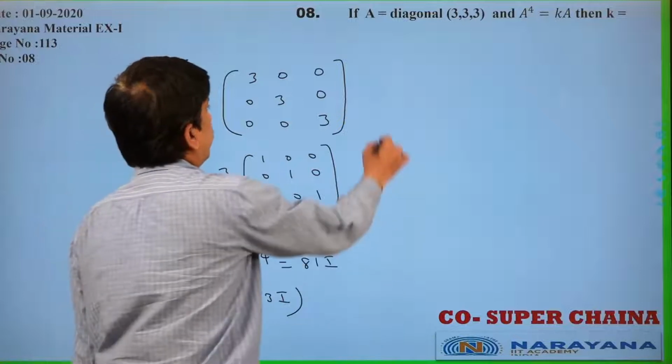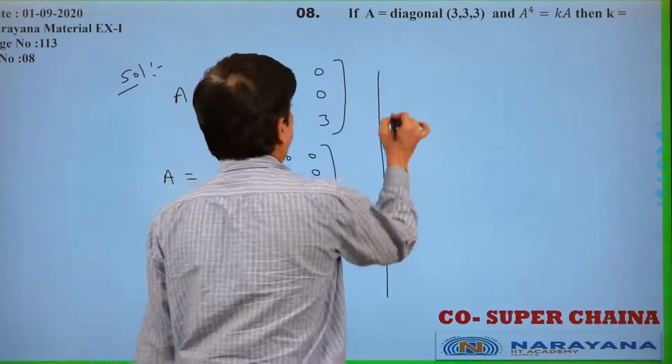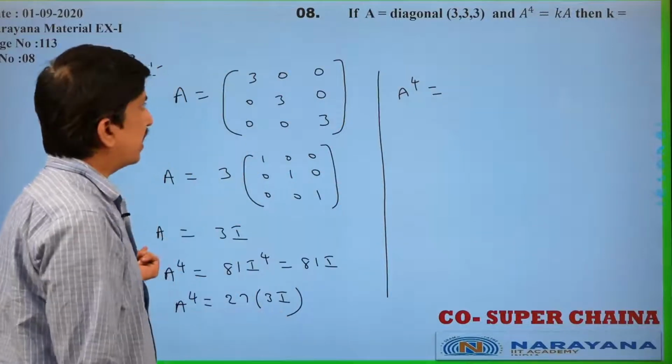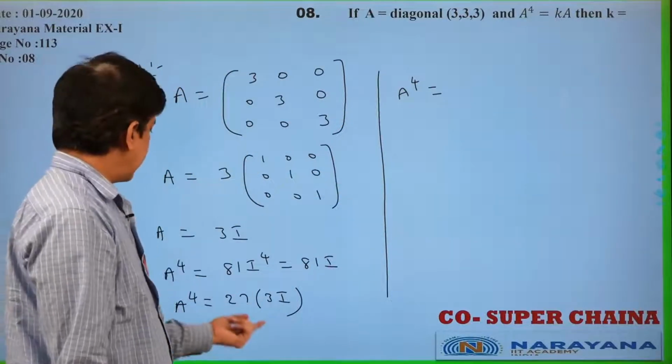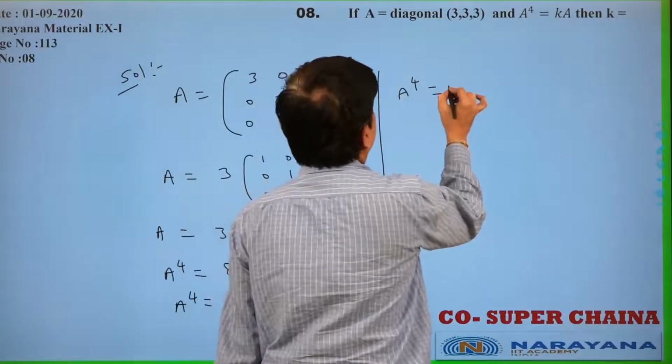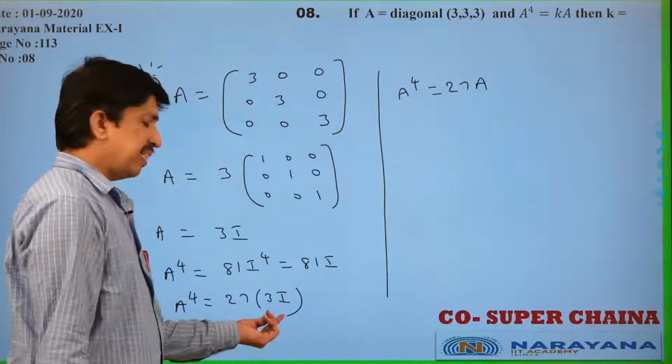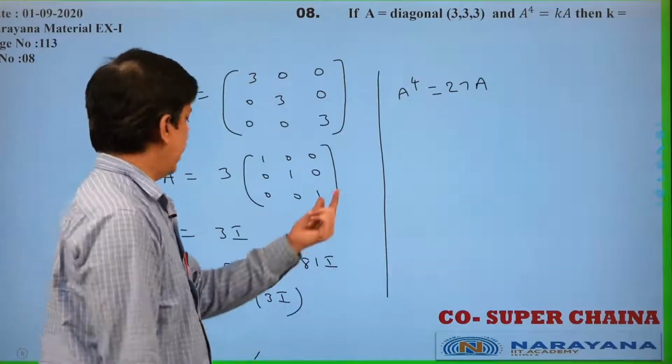Now once you observe that one, A power 4 is equal to, this 3I is nothing but A only. So 27A I can write. 27 into 3I means I can write 27A only.